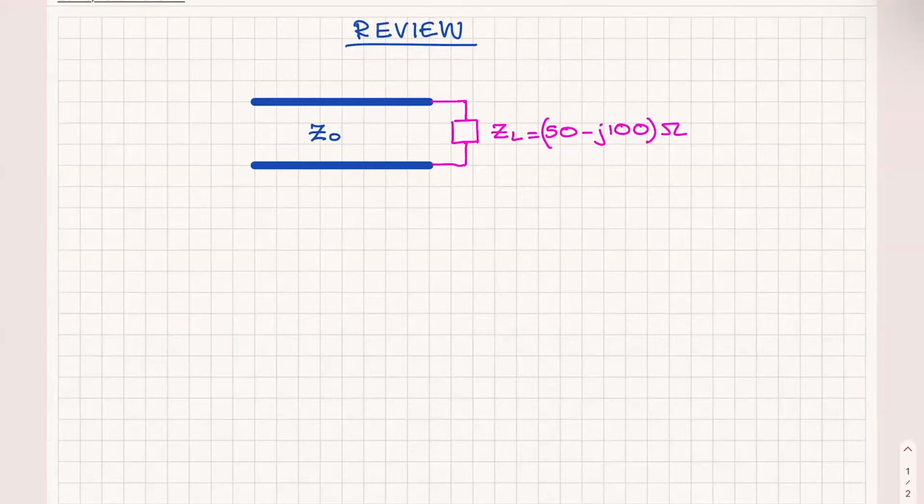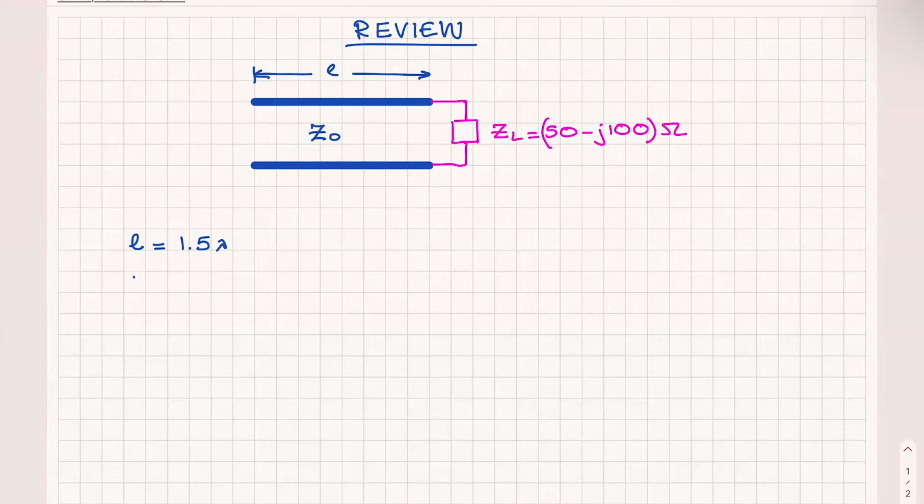All right, so let's assume that this has a length L. I develop the problem as we speak. So let's assume that this transmission line has a length L, which is 1.5 lambda.